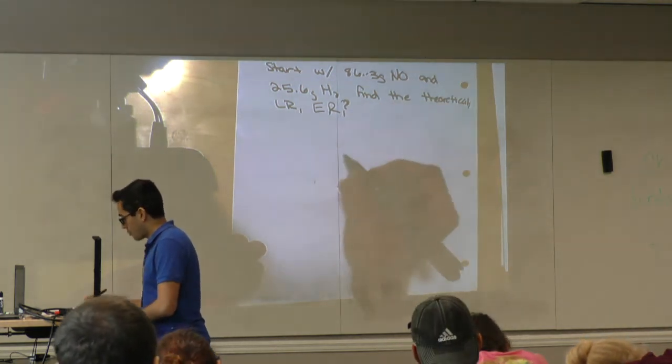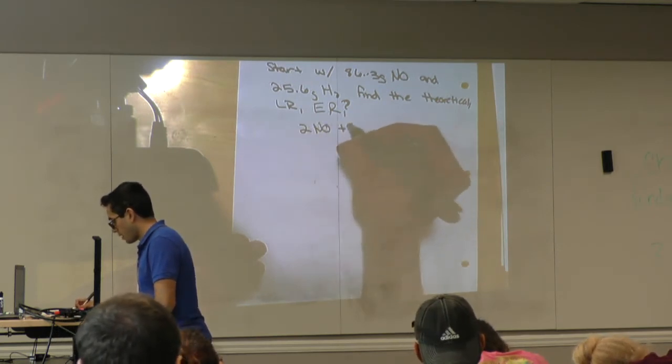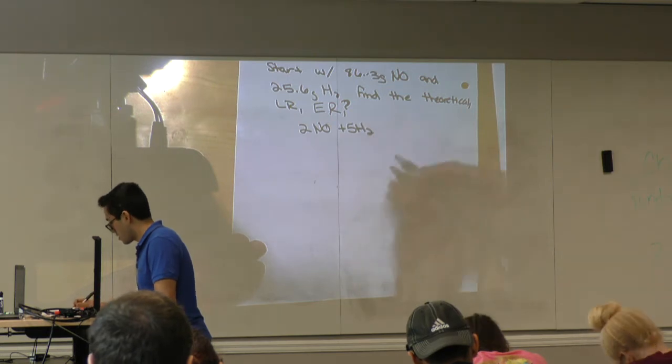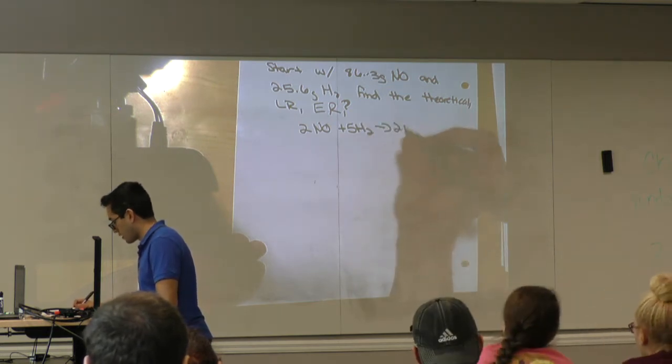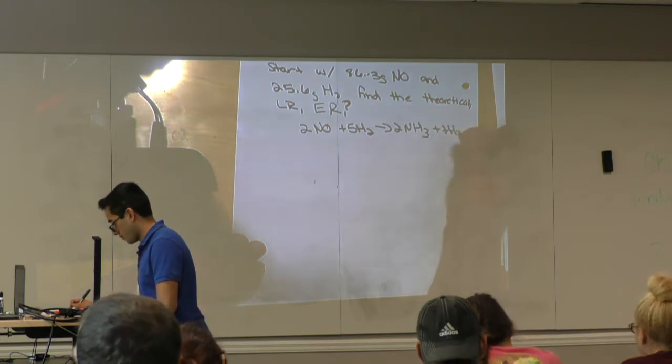And we're given the equation 2NO plus 5H2 will form 2NH3 plus 2H2O, okay?